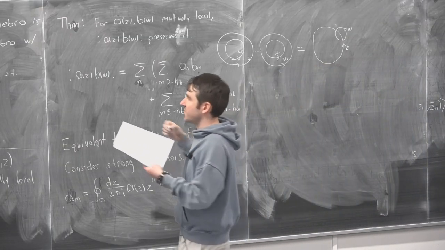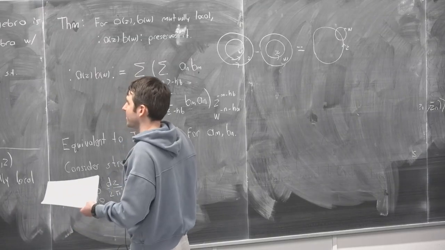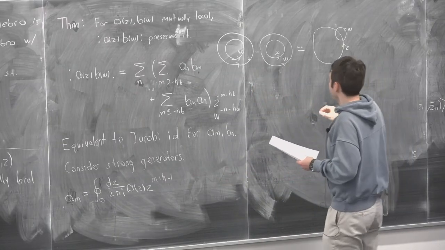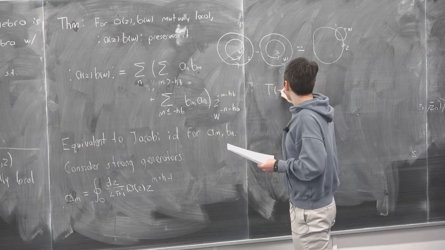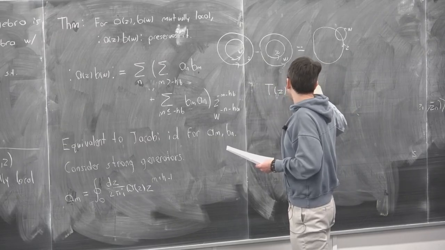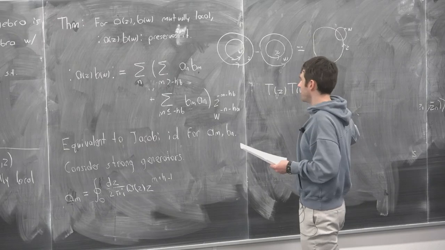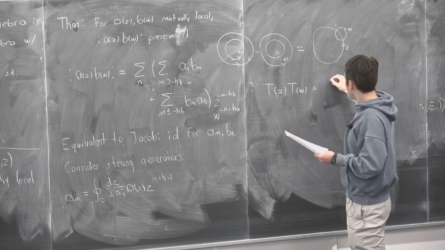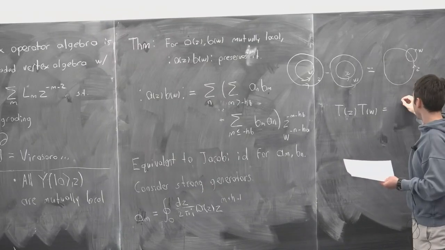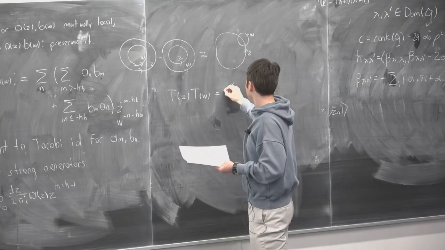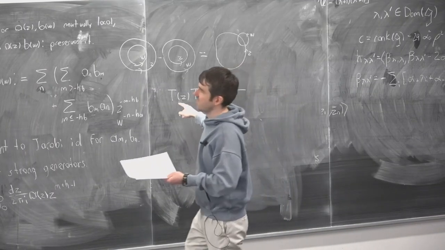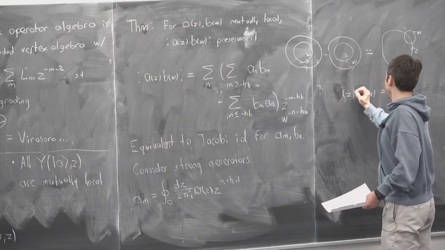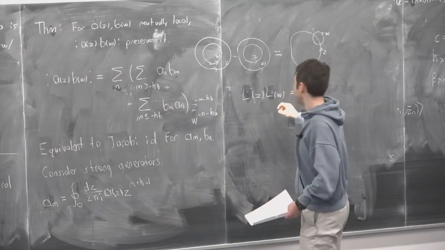So we've seen the Virasoro algebra already. Let's just belabor that point so you'll believe me a little bit more that this works. T of Z and T of W are, of course, mutually local. They're the same operator. In fact, let me be consistent and write them as L. This is the stress tensor.